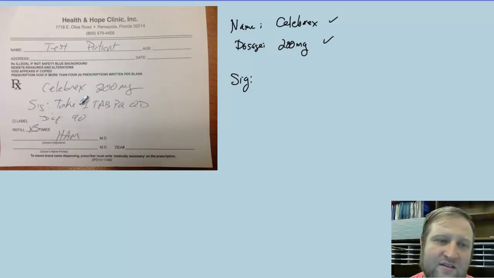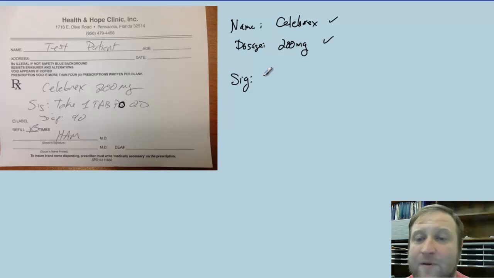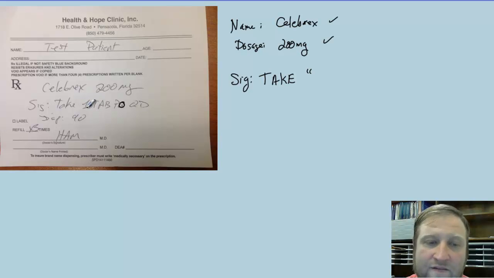So let's look at this SIG. Hopefully we can all see this. This says take 1 tab. This should be PO, not PQ. POQD. 1 tab POQD. So in our SIG that we would type using all caps, which is much easier for patients to read, we're going to say take, since this is the value of the tab, we use the value 1. On your SIG in the EMR, we're not going to use these little quotes, but I want to make sure we recognize here that we're going to use a value of 1.